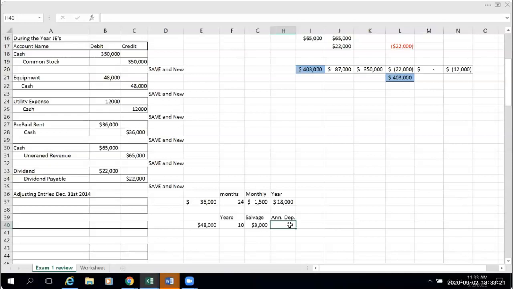So here we go. We call it equals to annual depreciation for this equipment that is getting older and older.